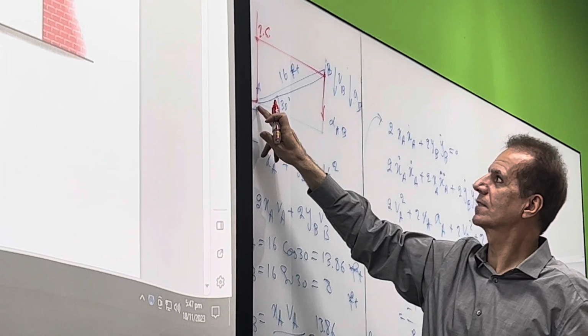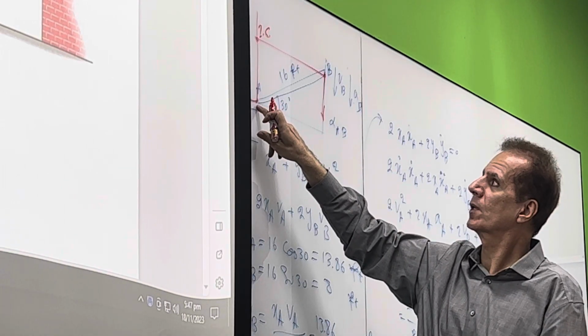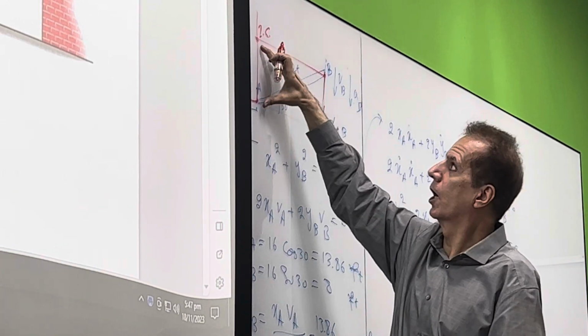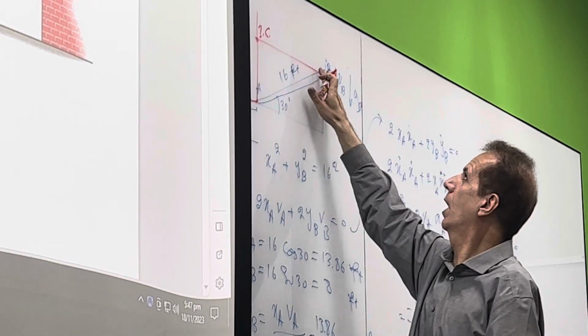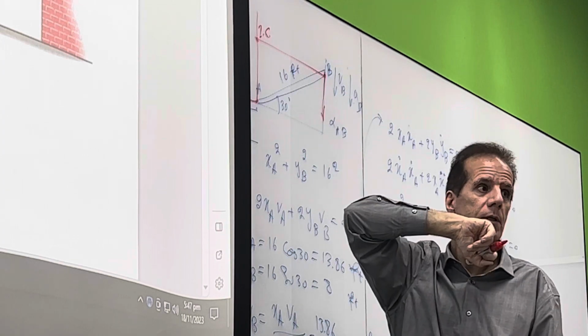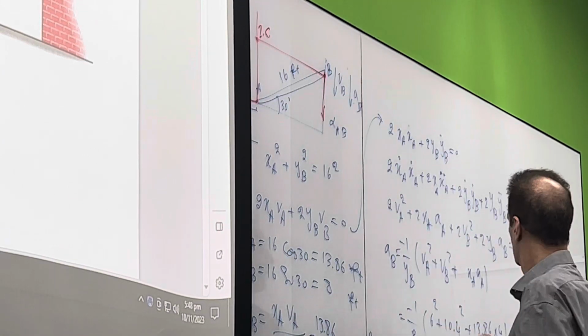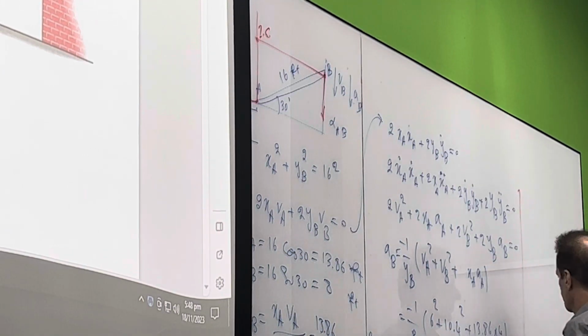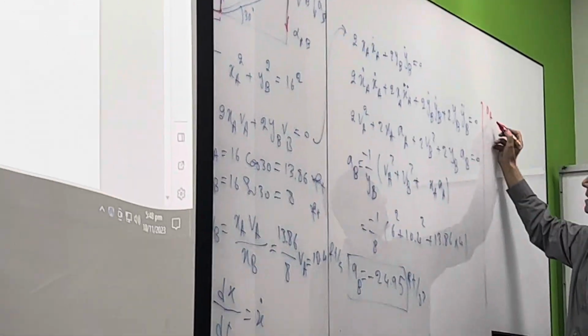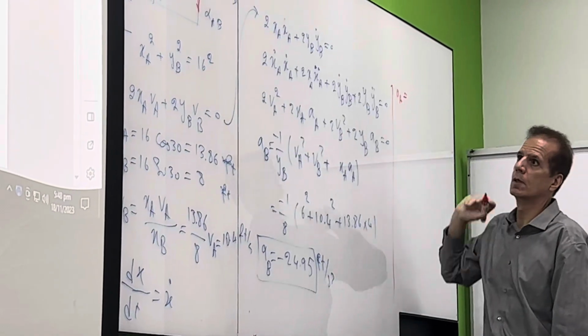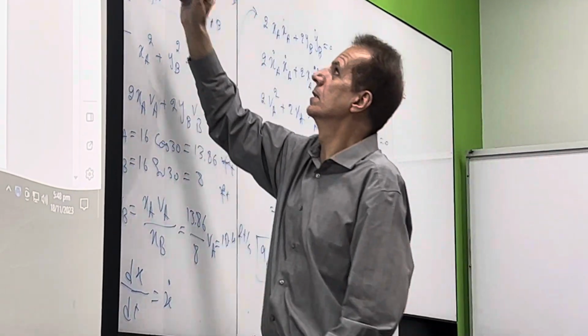If I have the acceleration of this point, it's equal to R alpha, or R alpha. So both of them are correct. Clear? Here. Acceleration of point A is equal to, AB, let me call it C.